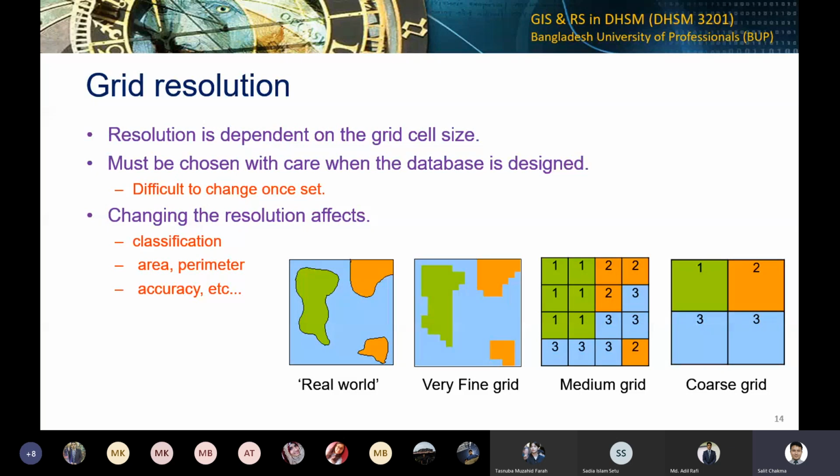So what do we do? We make classifications. We divide the entire image into different classes. And how do we do that? Well, we can do it based on the land cover, or based on land use, or something else. There could be multiple perspectives that we can utilize.